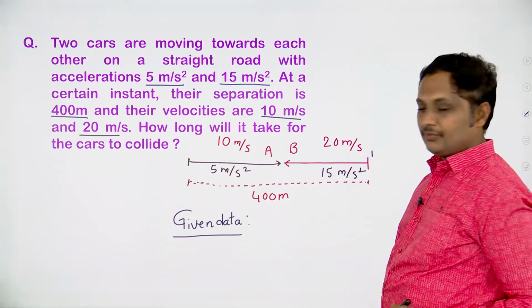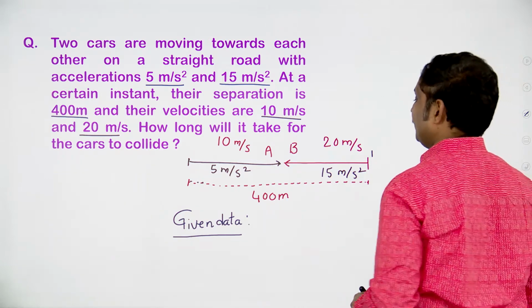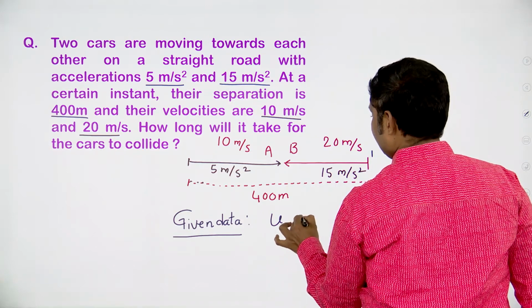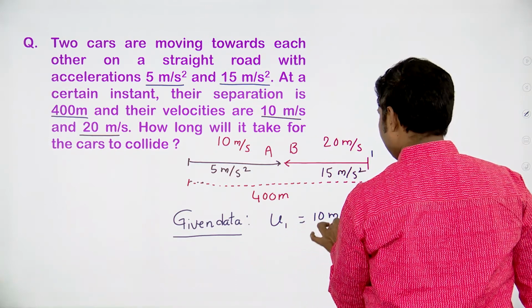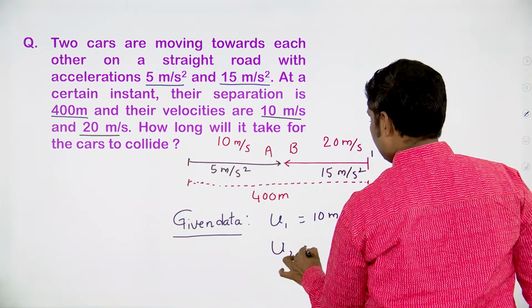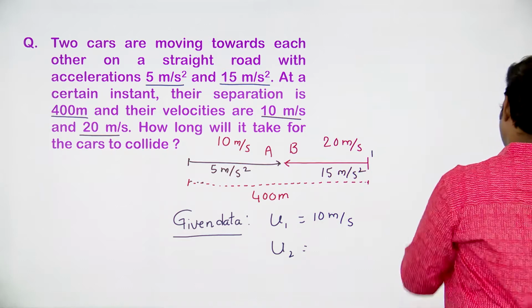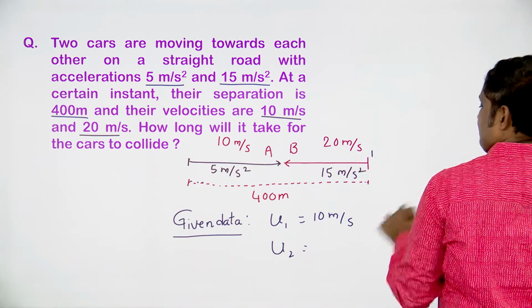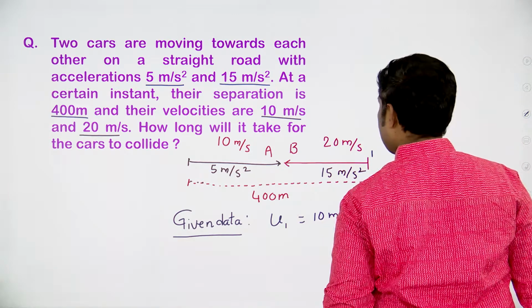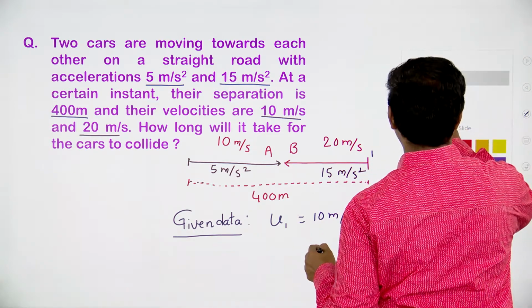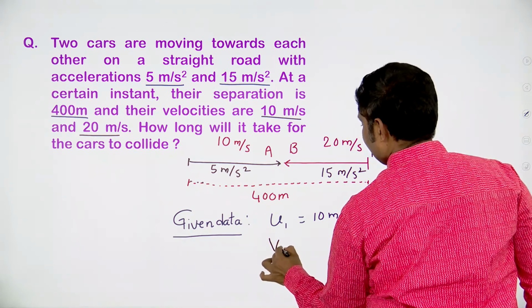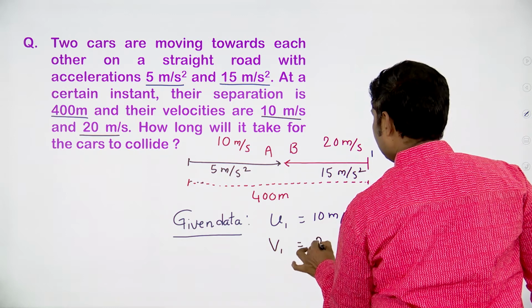Let's assume two speeds: u1 is equal to 10 meter per second, u2 is equal to, you can take that, V1 is equal to 20 meter per second.